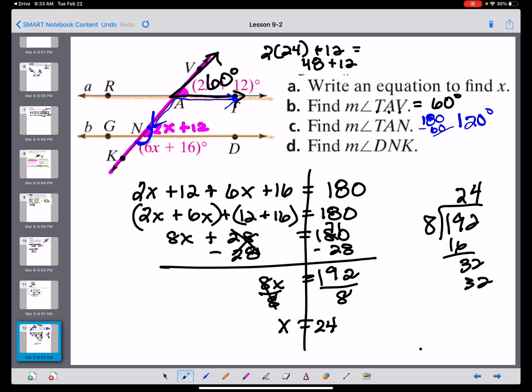DNK is this angle down here, which is represented by 6x plus 16. So I can do 6 times 24 plus 16. So 6 times 24 is 144 plus 16 gives me 160.